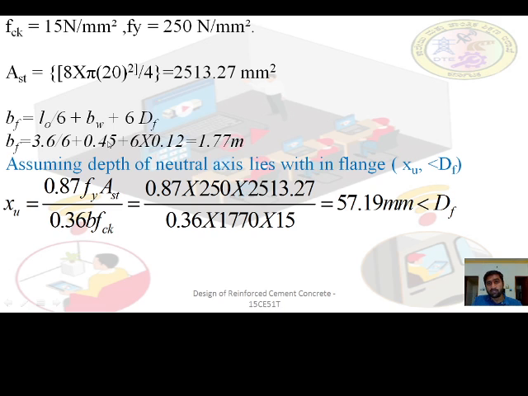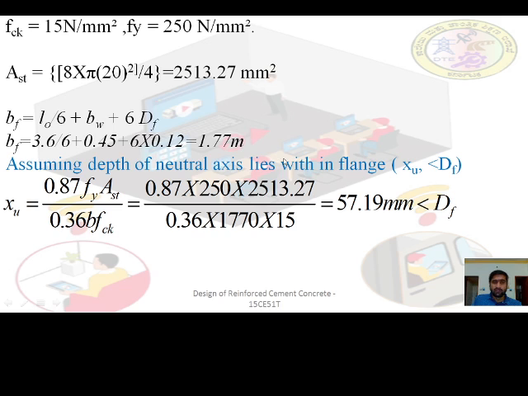The width of the web is 450 mm, so you have to divide by 1000 to convert from millimeter to meter. Dividing 450 by 1000, I get 0.45, plus 6 times Df, 120 divided by 1000 is 0.12, so 6 into 0.12. If I solve this, I will get bf as 1.77 meter.